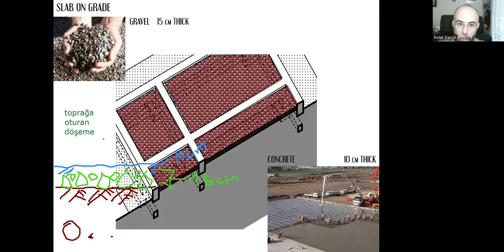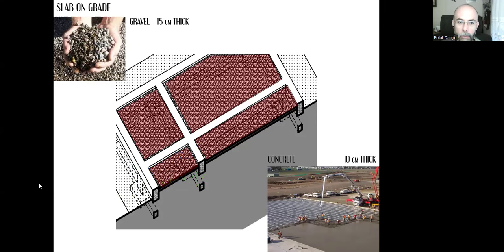This concrete will penetrate inside these pieces of gravel so that the gravel will provide us with an increased surface area, and the concrete will be attached to the surface of the earth in a better way with this increased area. That's why we prefer that.